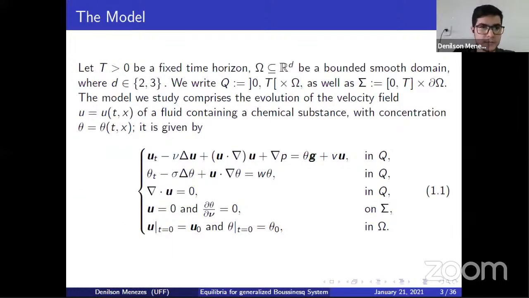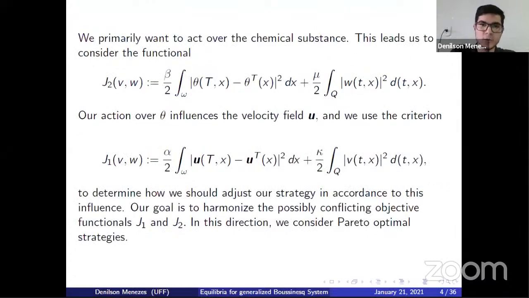The model is the following, a Boussinesq system type. We consider dimension 2 or 3. The U can be a velocity field of a fluid containing a chemical substance with concentration theta. We primarily want to act on the chemical substance, so we use this functional J2, and this functional acts on the velocity field as well.